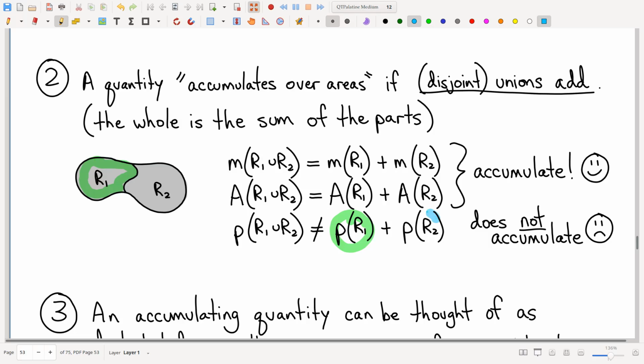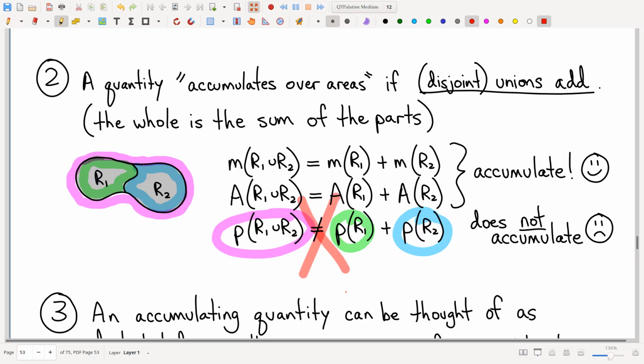And the perimeter of R2 is that distance. And the perimeter of the union is that distance. And is green plus blue equal to purple? Why, no, it's not. Green and blue have got some stuff happening here on this shared boundary. Purple doesn't. So, not an accumulating quantity.